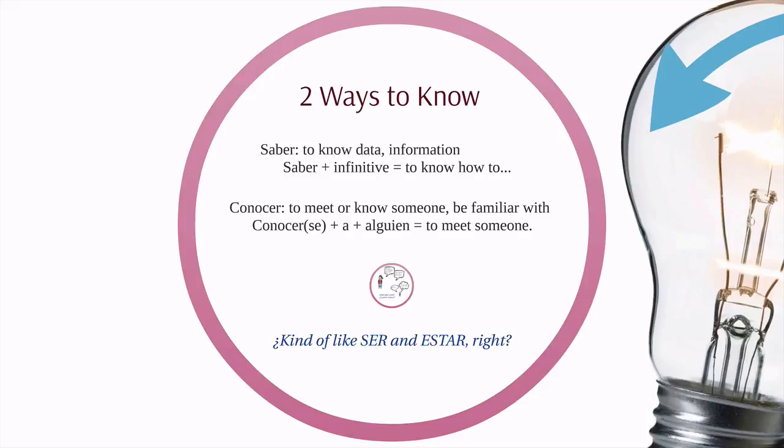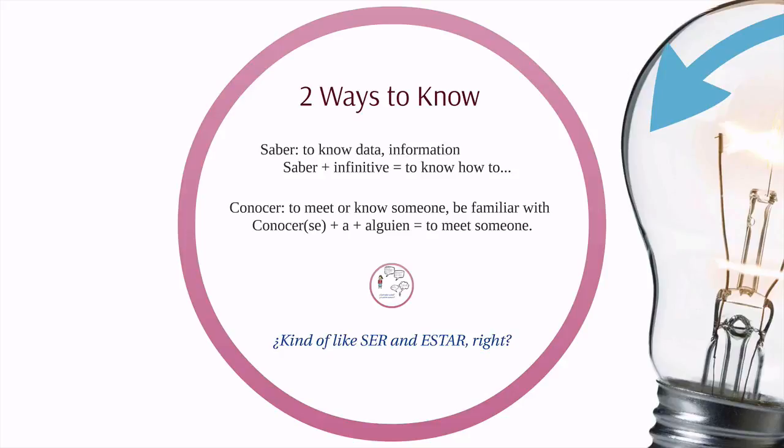So let's just say, for now, just accept conocerse. In the first person, when I say I meet someone, I say me. In the third person, I say se. That's the reflexive pronoun. Me for yo and se for usted, él, ella.